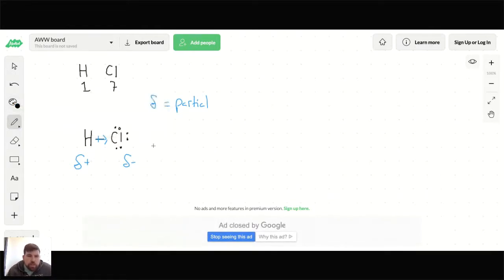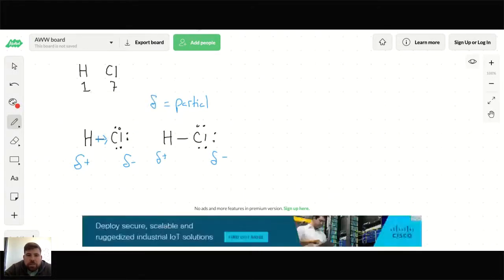intermolecular forces. So how does this molecule attract to another one? If we draw another Lewis structure, which looks just the same, with lone pairs around the chlorine and a single bond between the chlorine and the hydrogen, we know that chlorine is going to be slightly negative and hydrogen is slightly positive. What do opposite charges do?